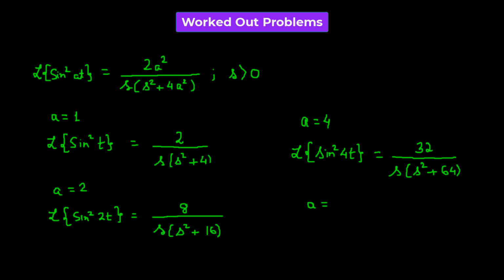Similarly, we can also find the Laplace transform for a equal to 3, that is the Laplace transform of sine squared 3t. So that will be equal to 18 divided by s times s squared plus 36. So this is how we can find the Laplace transform of different functions for different values of a.